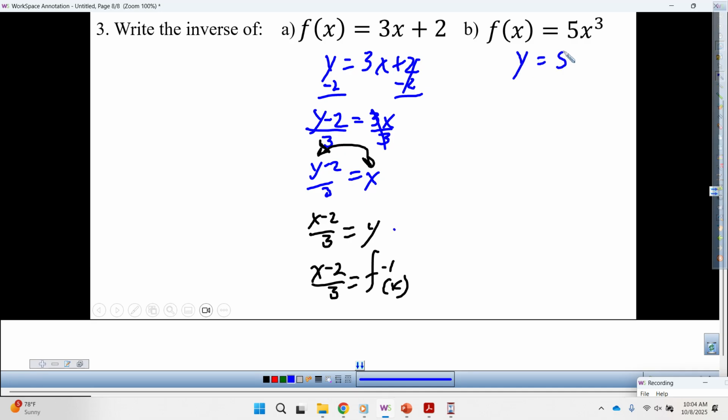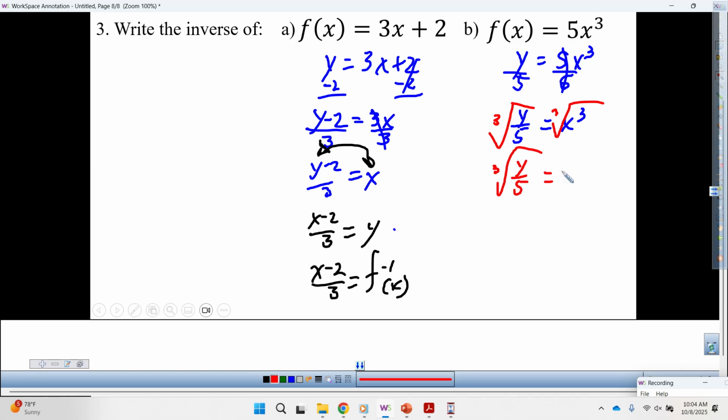Next, y equals 5x cubed, divide by 5. y over 5 equals x cubed. How do we cancel that cube? We do a cube root. So cube root of y over 5 equals x. This cancels that. Exchange the variables.